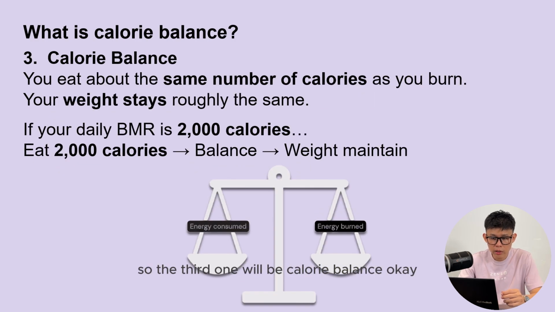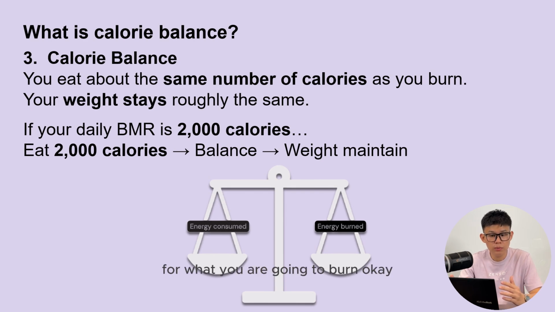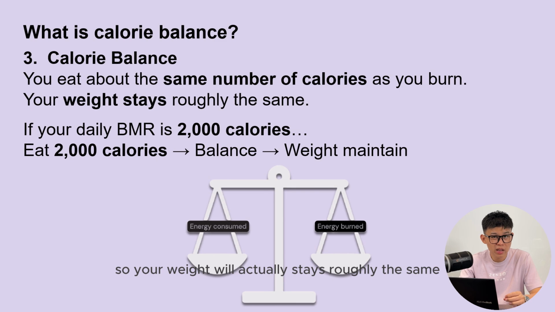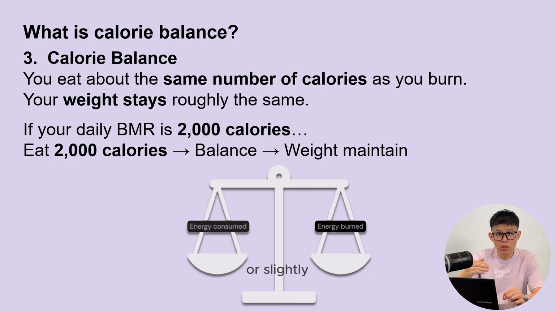The third one is calorie balance. Calorie balance is when you eat balanced with what you are going to burn. Your weight will stay roughly the same or fluctuate slightly because of your body water stores.